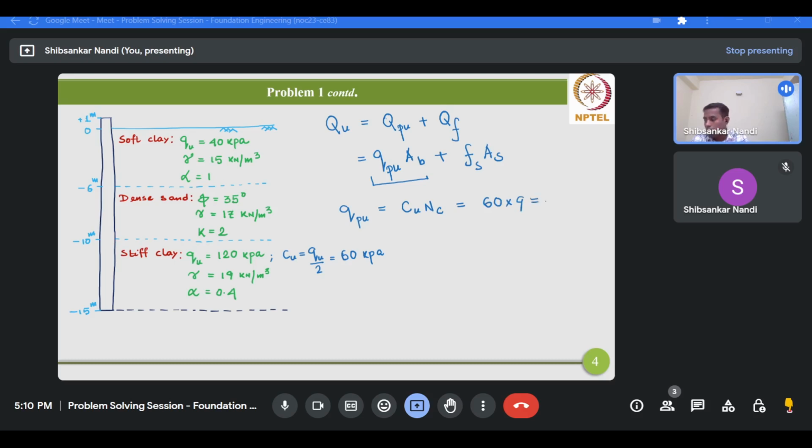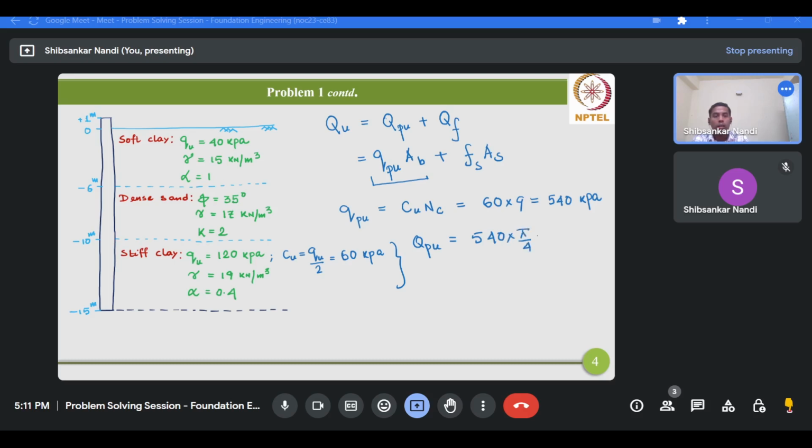So this value would be 540. Therefore, your AB, okay, so final QPU, ultimate point bearing resistance, would be 540 multiplied by AB.